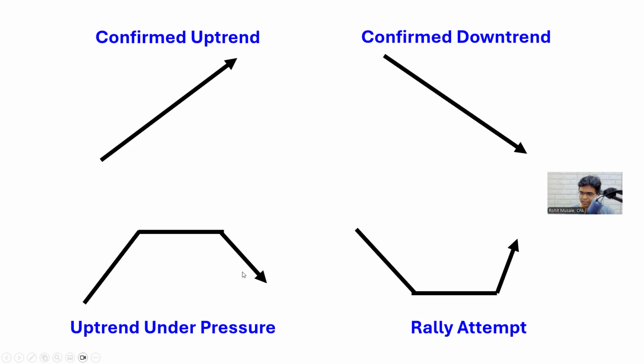So in uptrend under pressure, stocks that are fundamentally strong might not fall. They might form a base, but they might not fall as aggressively as the fundamentally weak stocks, especially the fundamentally weak stocks that have already shot up beyond their earnings. They have already shot up more than they should have gone up, right?